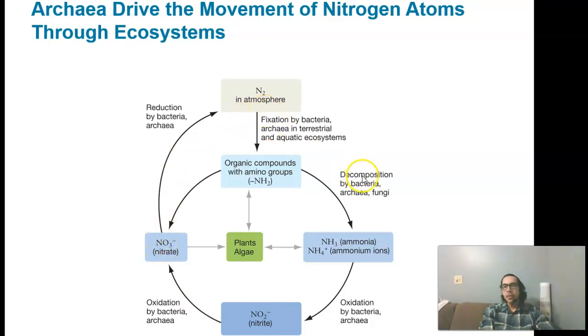This is just a good way to summarize the nitrogen cycle, but I wouldn't worry too much about memorizing the complete cycle. What I'm going to do is go over the big picture ecological impacts of this, and that's what you should focus on.